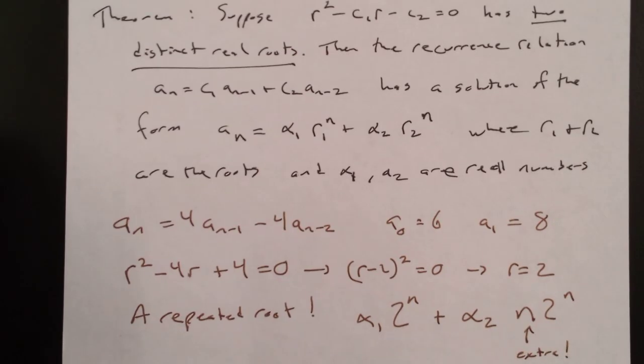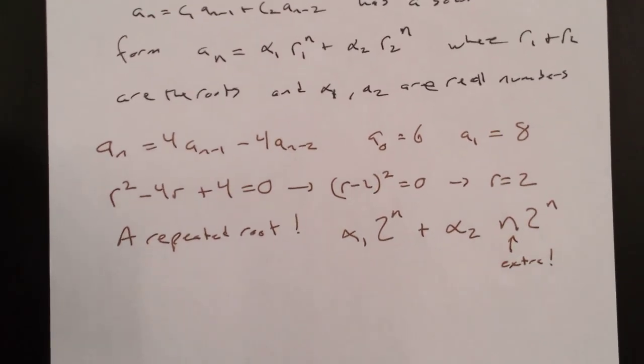And I'm going to add a factor of n. This extra factor, this extra multiple of n, allows this function to be different enough to be considered independent of 2 to the n.